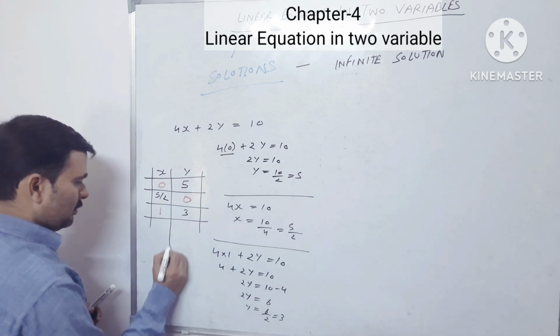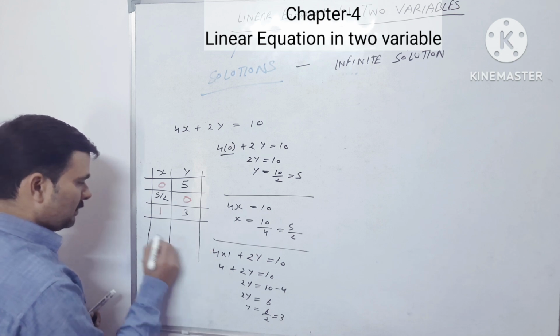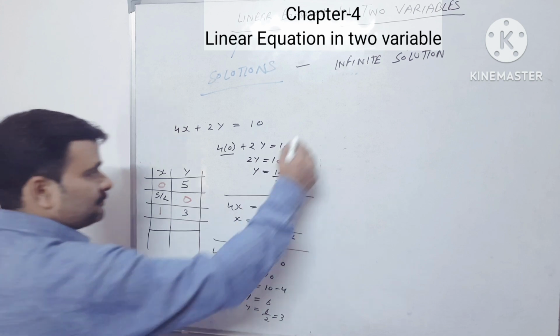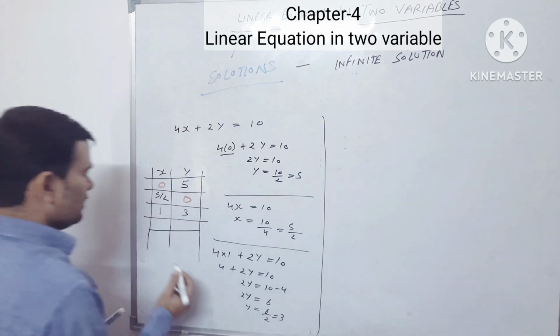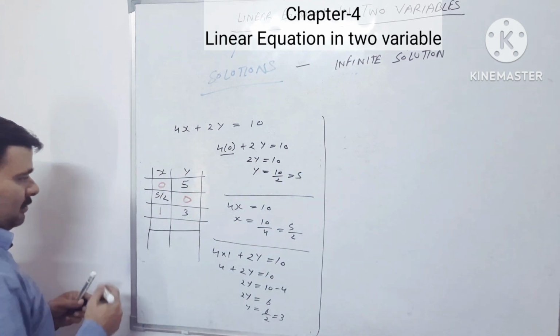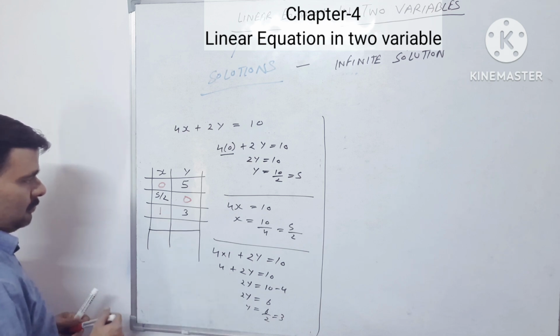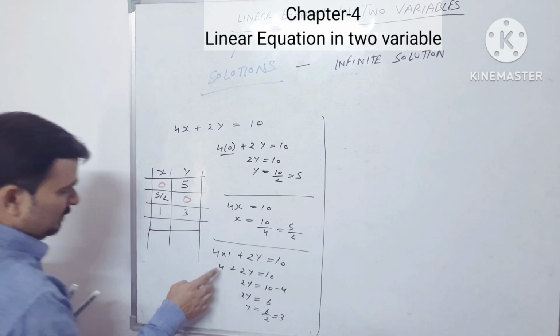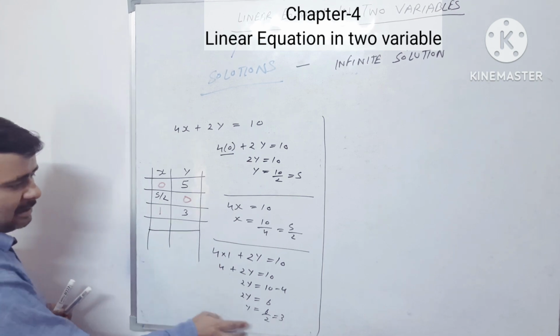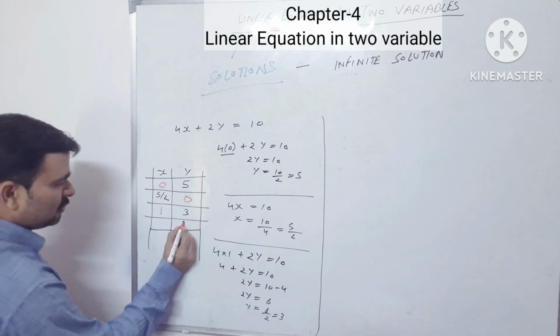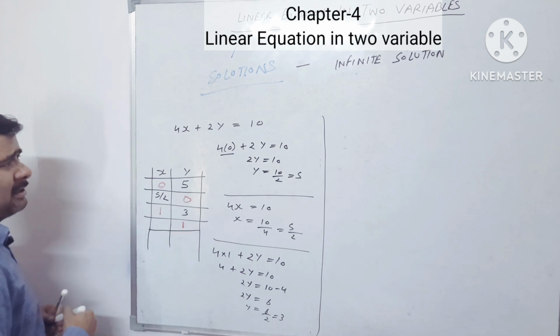Now move further. Whenever we put x is equal to 1, we will get y is equal to 3. Now suppose we put y is equal to 1 in this equation.